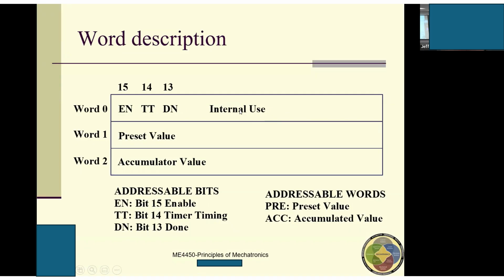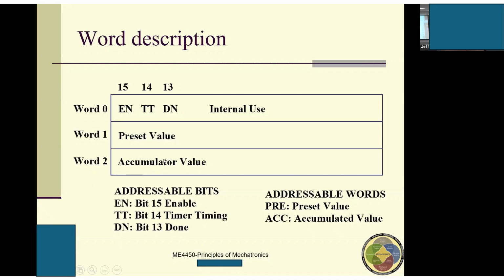I highly recommend that you don't touch these internal use bits. In word 1, you can specify a preset value depending on your need. If you want a timer of 5 seconds, set the preset as 5 and specify the time base as second. If you want 5 microseconds, also set the value as 5 and specify the time base as microsecond.